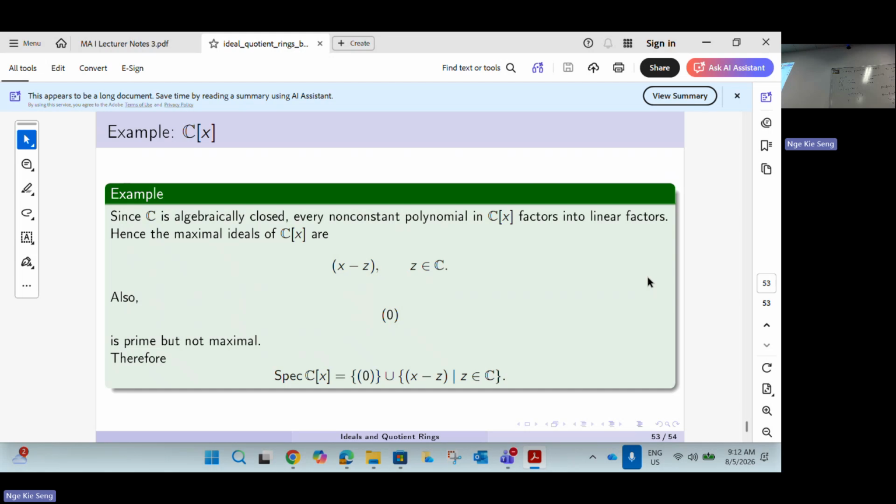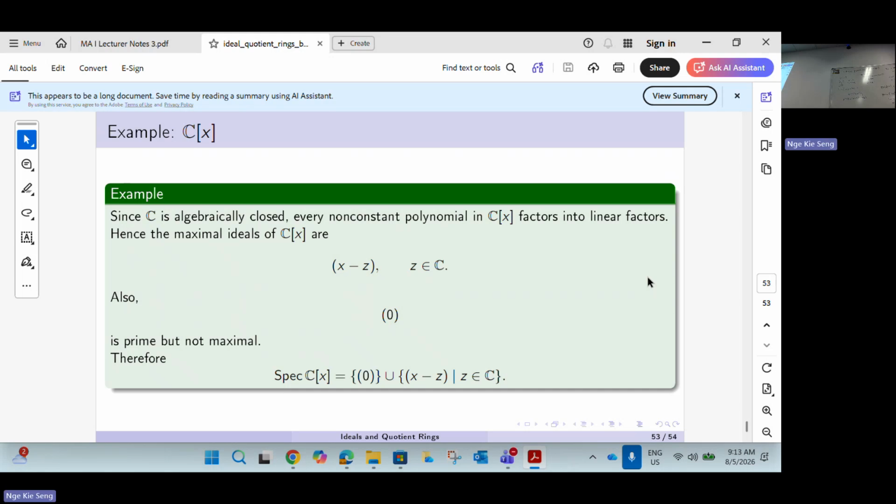If a polynomial, the maximal ideal is generated by x minus z for some z in C. For example, x squared plus 1 is x minus i times x plus i. You can think like this, x minus z, and z is i.